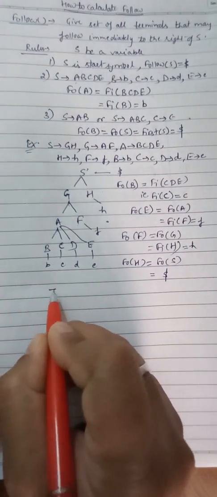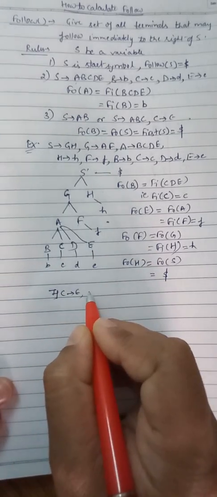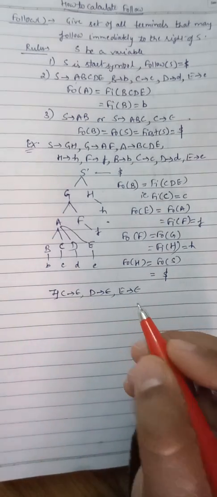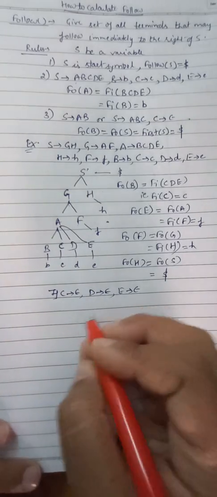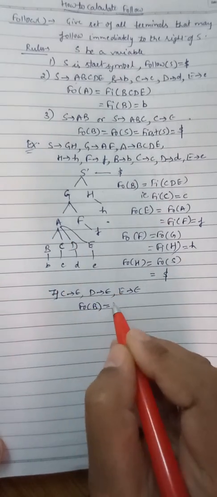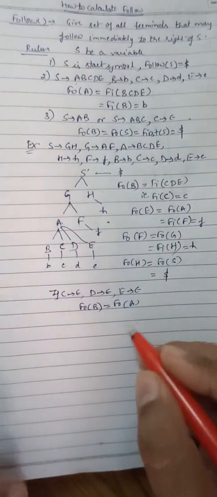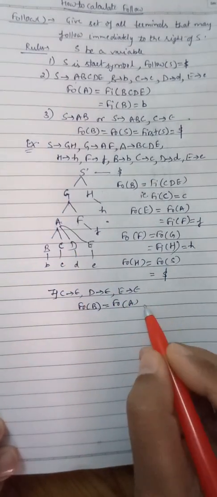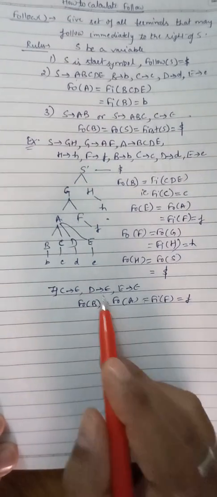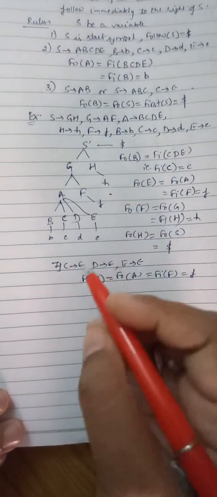And suppose C, D, E all tend to epsilon. Then how to calculate follow of B? Then follow of B will be follow of A, the next immediate variable, and follow of A is first of F, that is f. So follow of B will be f if C, D, E are all epsilon.